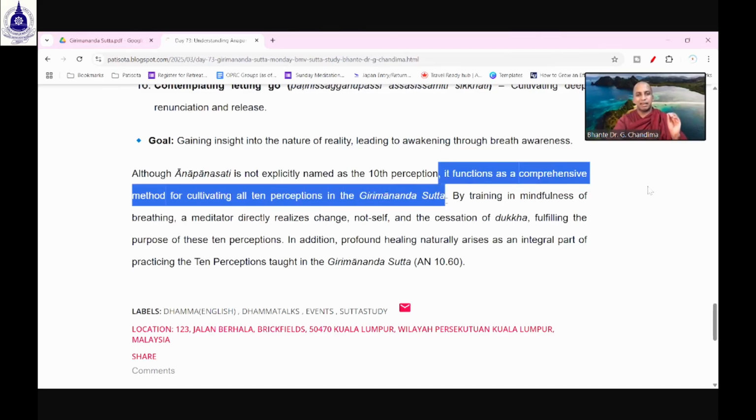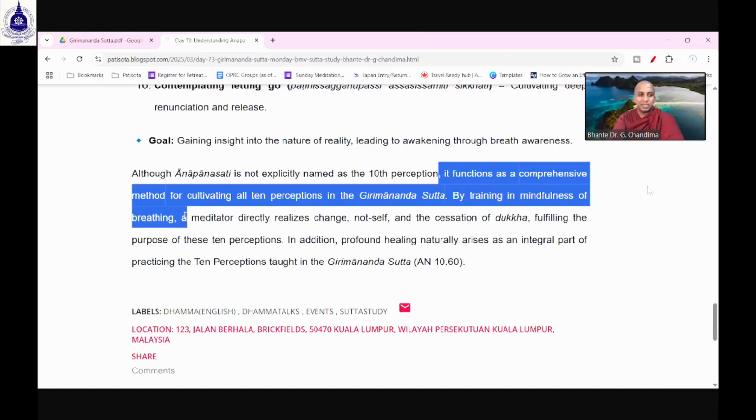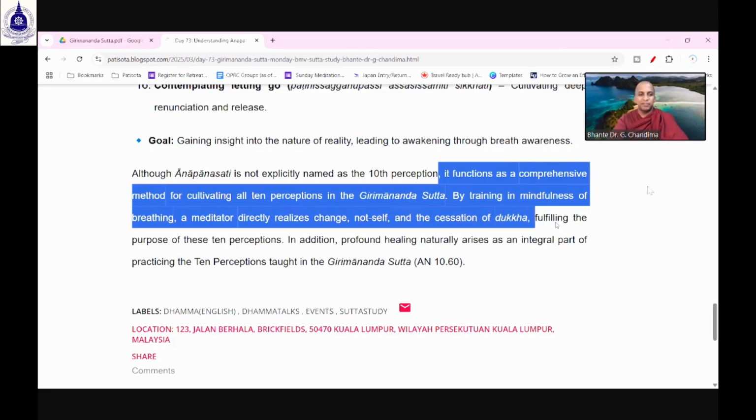Now we understand that the last perception, although it was not called Anapanasati Sanya, is the main practice that one has to do with regard to all the other 9 perceptions. By training in mindfulness of breathing, Anapanasati, a meditator directly realizes change, not self, what you call anicca, anatta, and the cessation of dukkha, fulfilling the purpose of these 10 perceptions.